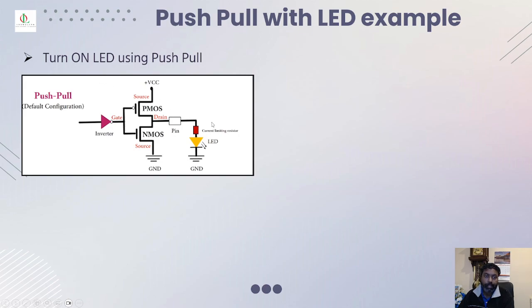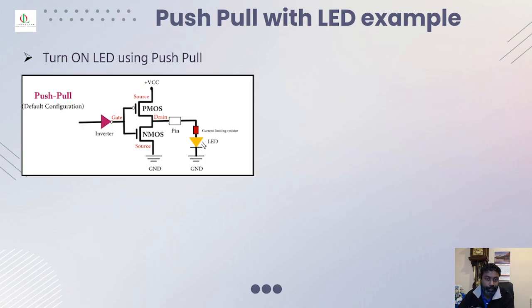To turn on the LED, the pin has to be connected with the current limiting resistor. So when you send a 1, logic 1, PMOS gets activated. If it is 5 volts, it comes through as 5 volts. And this current limiting resistor tries to protect the LED from burning out, because sometimes the voltage may go a bit above the VDD.